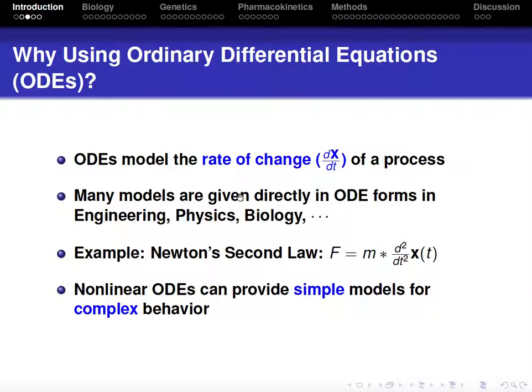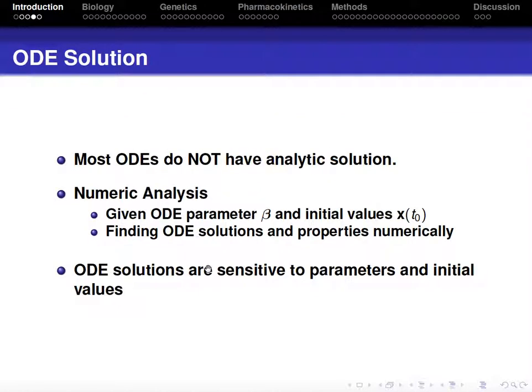For example, the famous Newton's second law, which is the force F equal to the mass m times the acceleration, which is the second derivative of the position function. This can also be looked at as an ordinary differential equation. In general, differential equations can provide very simple models for very complex behavior. Therefore, it's very popular to model dynamic processes.